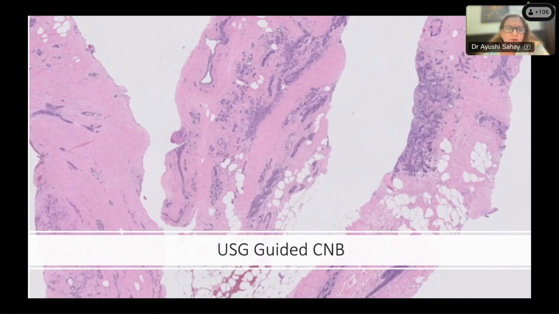Yeah. This is a core biopsy. The little section picture is a little hazy. I'm sorry for that, but you can just describe what you can see at this power. Yes, ma'am. Section from the core biopsy tissue from breast shows abundant fibrous stroma in which irregular nests and solid sheets are there.